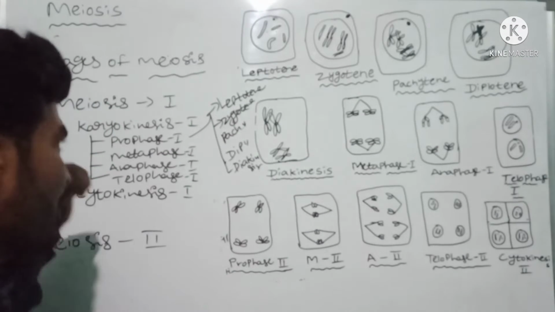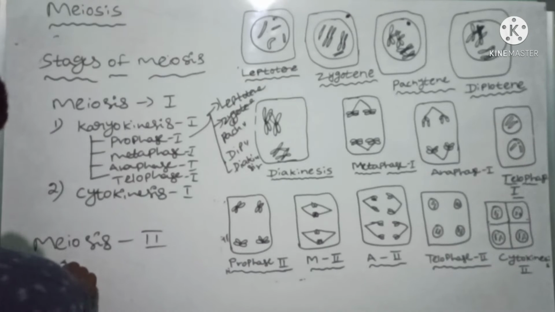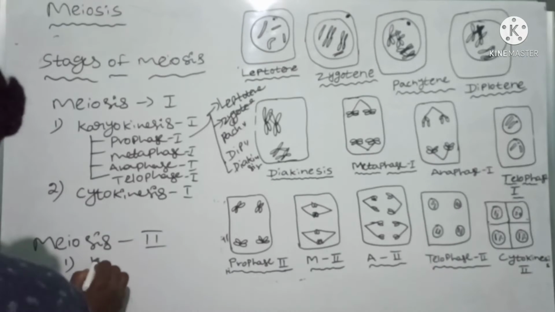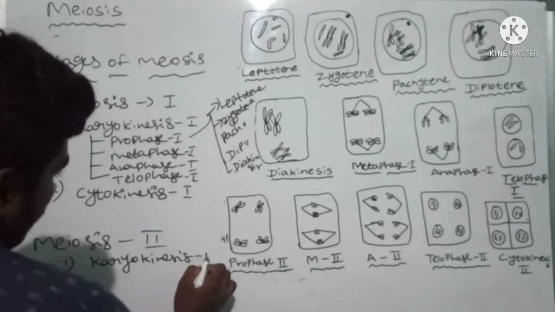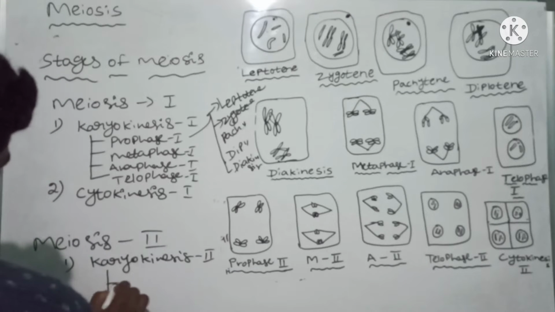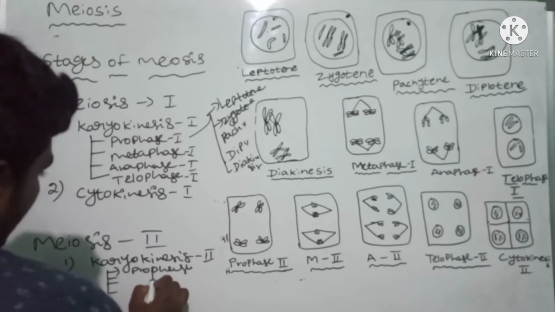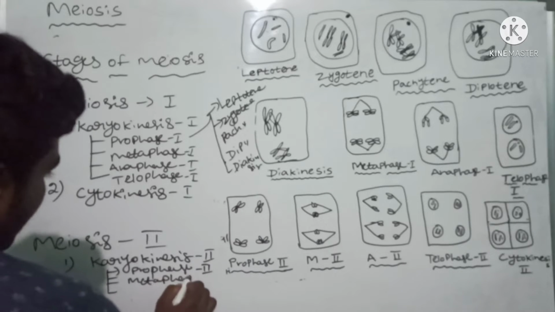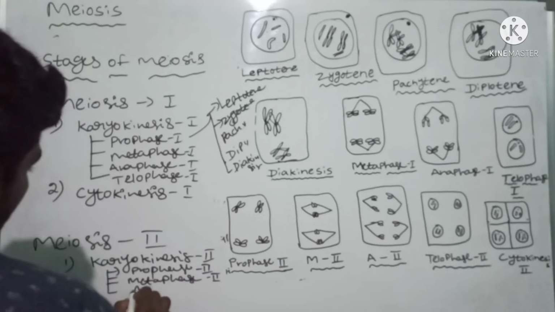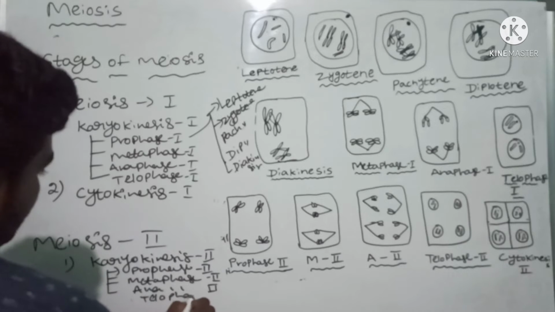So after completion of karyokinesis 1 and cytokinesis 1, next is meiosis 2, again classified into 2 stages. One is karyokinesis 2, again classified into 4 stages, that is prophase 2, metaphase 2, anaphase 2, telophase 2, and then cytokinesis 2.